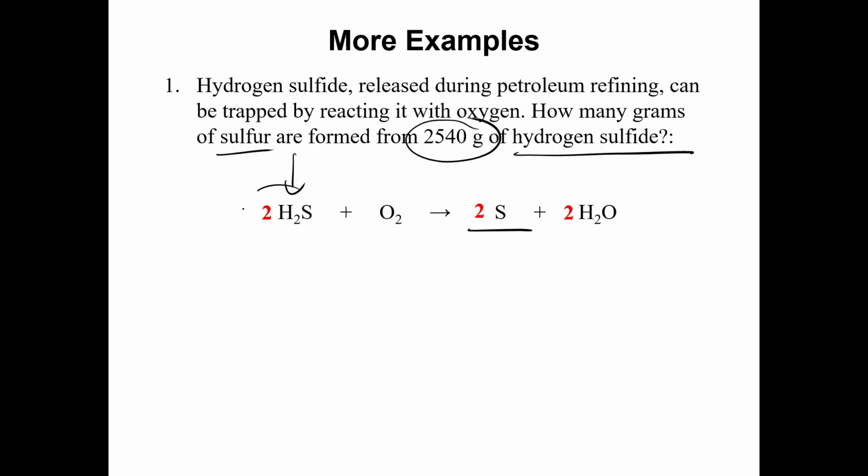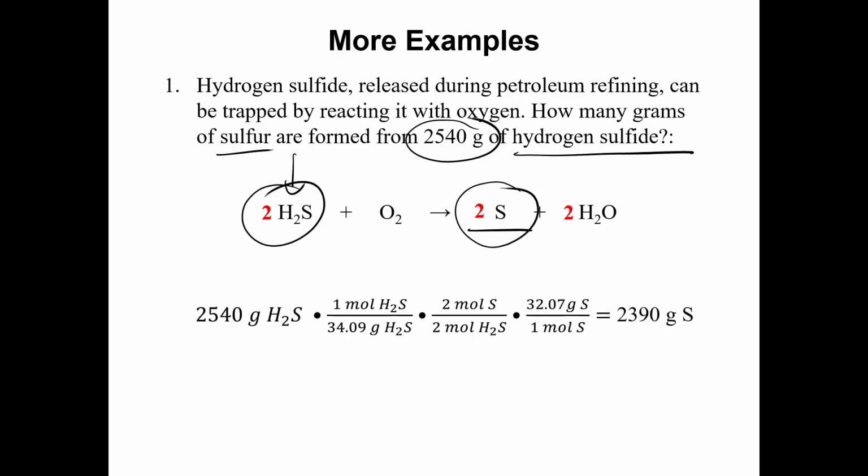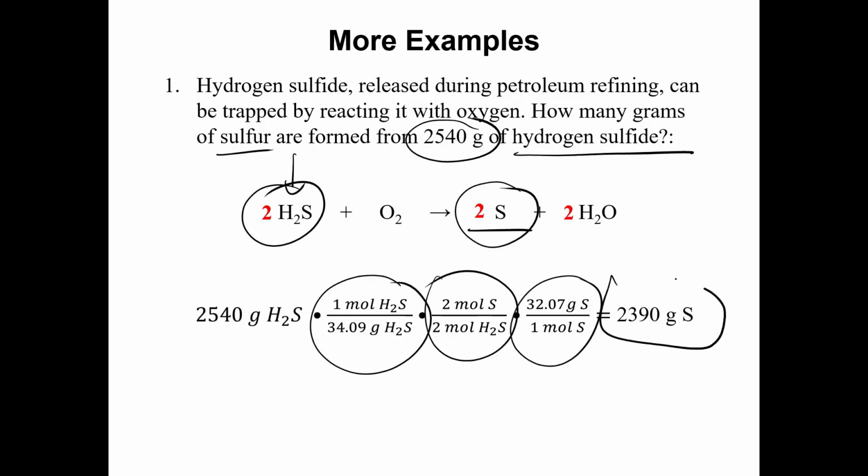We have this reagent going to that product, and then it's a gram to gram conversion using the periodic table and the balanced equation. Again, from the periodic table, I get 2,390 grams of sulfur, 3 significant figures.